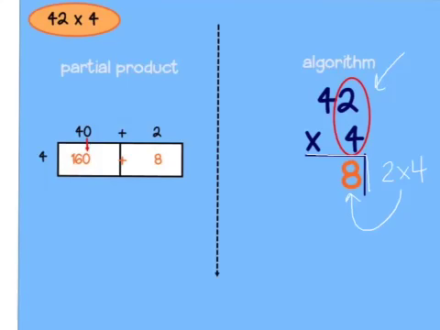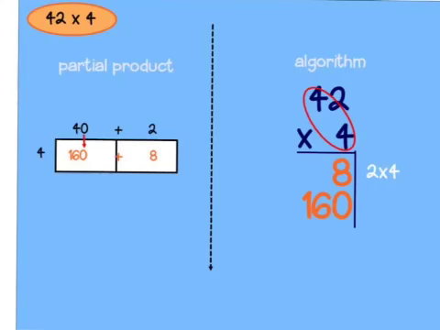If you look back at our partial product, that's what we did when we multiplied 4 times 2 and got 8 here. The answers are the same. Remember when we talked earlier about the distributive property and how we multiplied the 42, 40 times 4, and 2 times 4? 4 was distributed among both parts of that number.